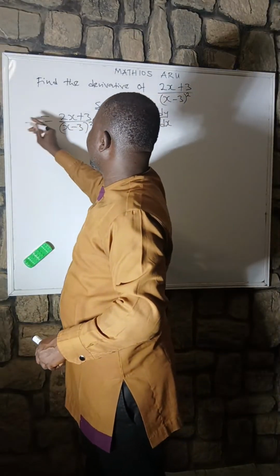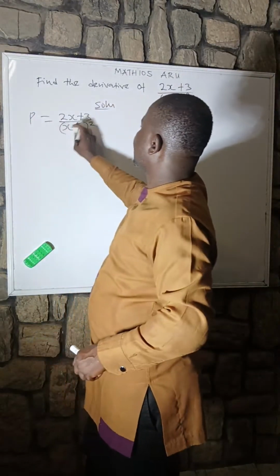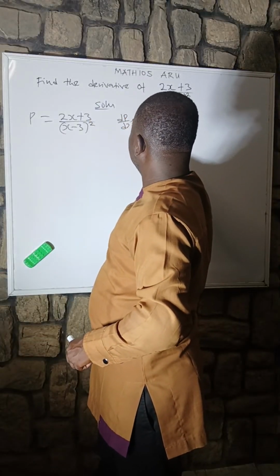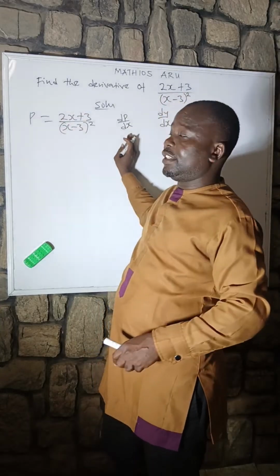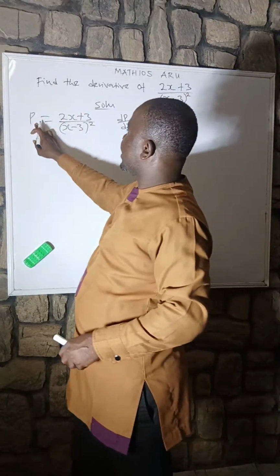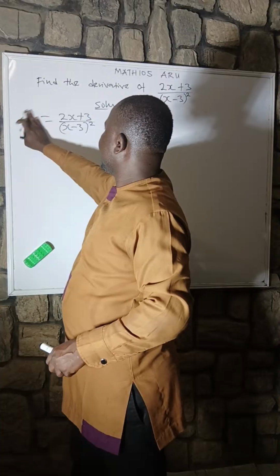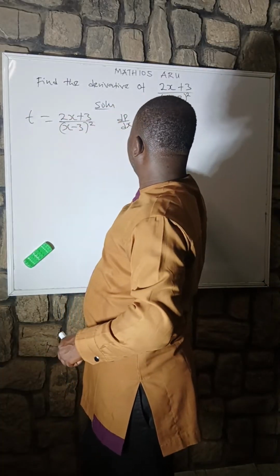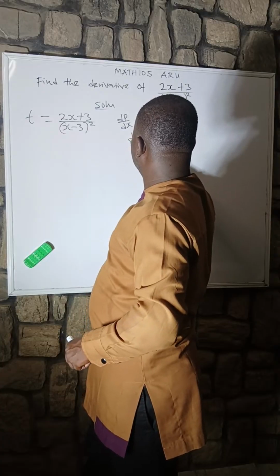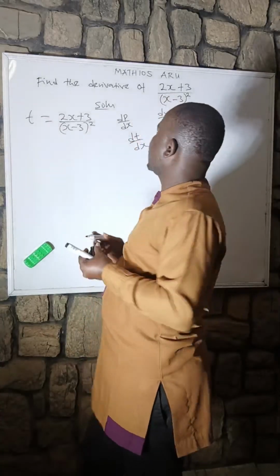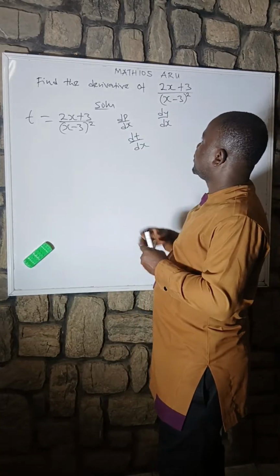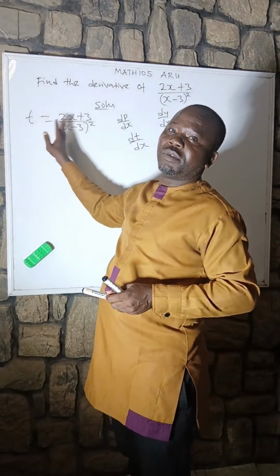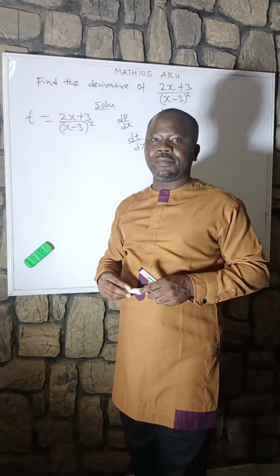One can use p. If p equals this, you can get dp all over dx. That is the meaning of the derivative. One can say t; supposing here is t, then we have to find dt all over dx. So take note, when you come across questions like this, the derivative, you can use any alphabet to be equal to the function. Is that clear? Take note.